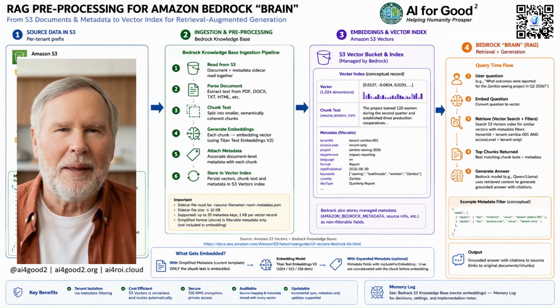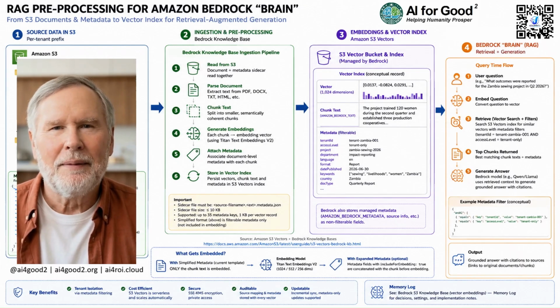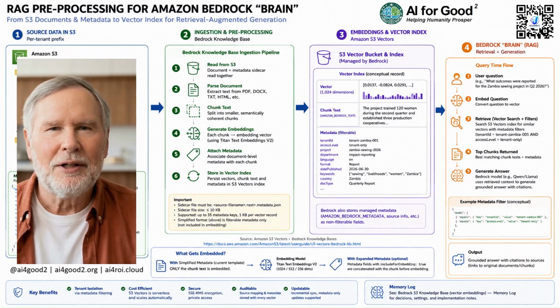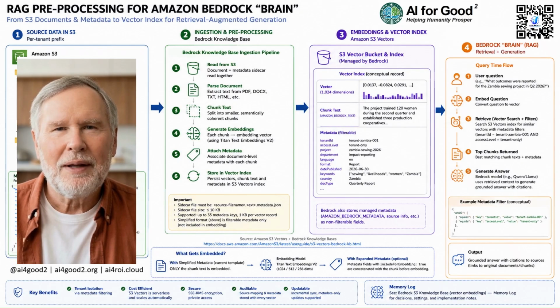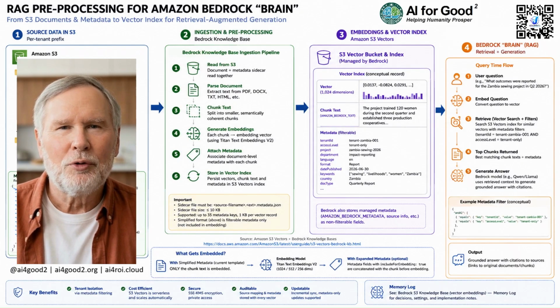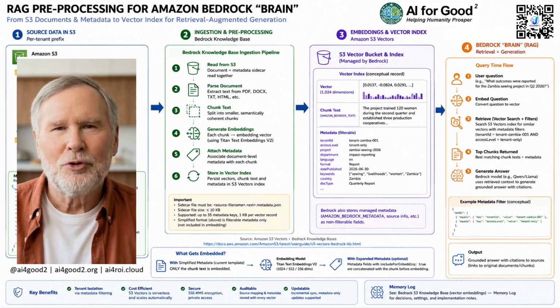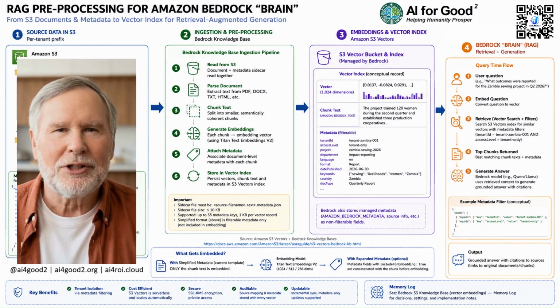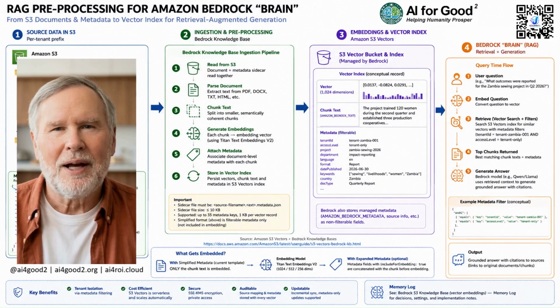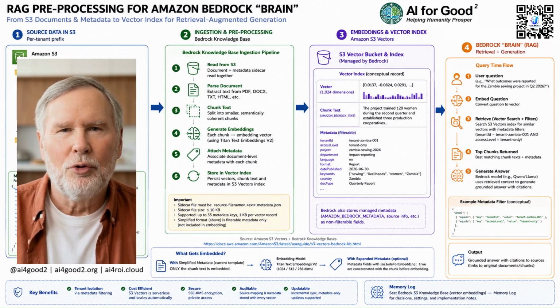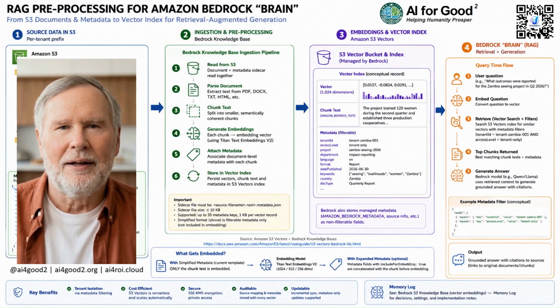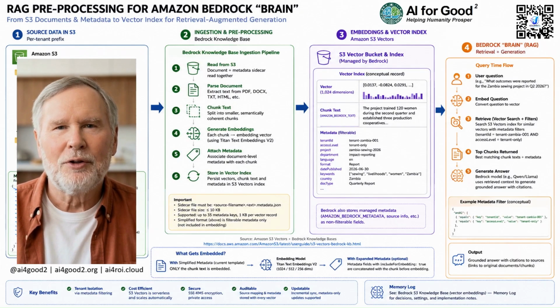Section 3, Embeddings and Vector Index, shows how the processed data is persisted in Amazon S3 Vectors, a serverless vector store managed by Bedrock. The diagram illustrates a conceptual vector index record containing the 1024-dimensional embedding vector itself, the original chunk text, and a rich set of filterable metadata attributes.